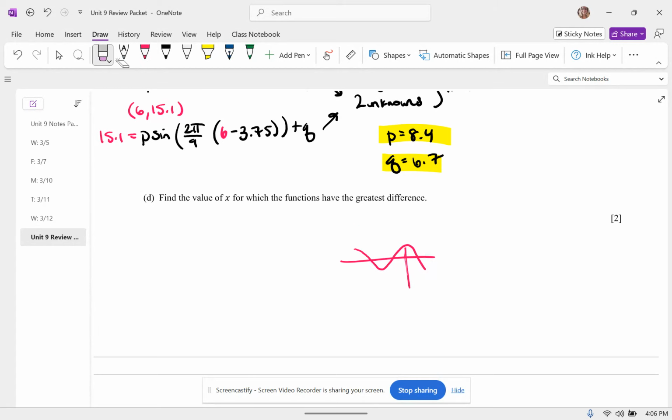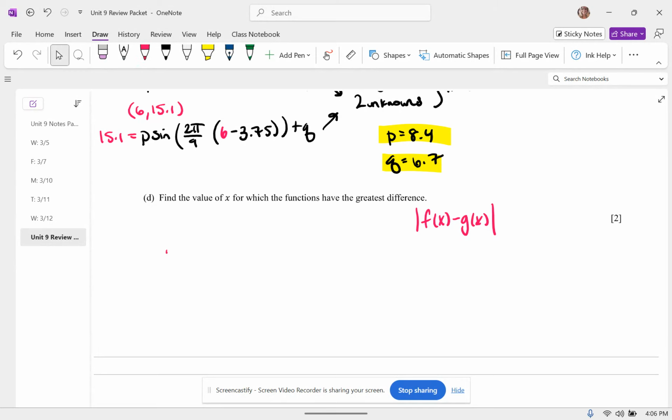So in order to combat that kind of bias in your mind, you are going to want to graph the absolute value of f of x minus g of x. That's going to give you the most vertical space between the two functions, and you don't have to code switch between the two, right?